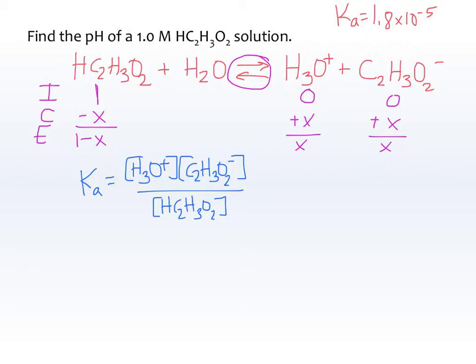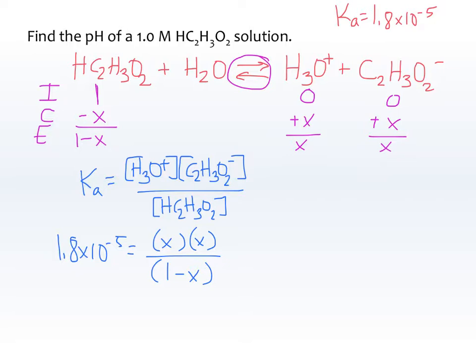And now we're going to plug in the numbers that we know. 1.8 times 10 to the negative 5 is equal to X times X divided by 1 minus X. Now if you're looking at that, hopefully you notice that that's going to end up with an X squared term and an X term and a no X term, which means quadratic equation. This will be really tricky. So there's a shortcut.